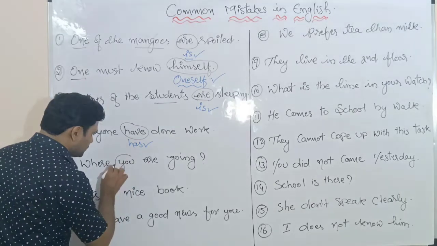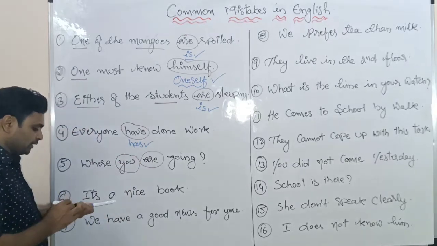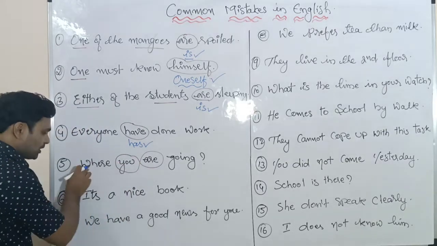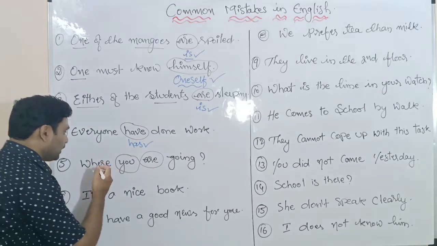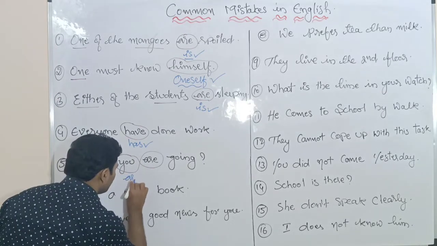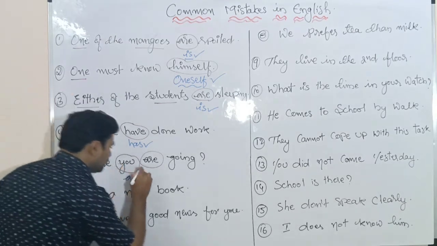The way of placing these words is wrong. In fact, it should be a WH word like what, where, when, and the auxiliary word like where, are, and then the subject, you.